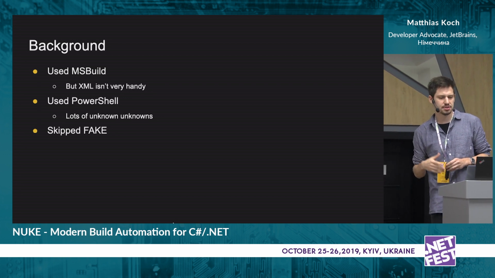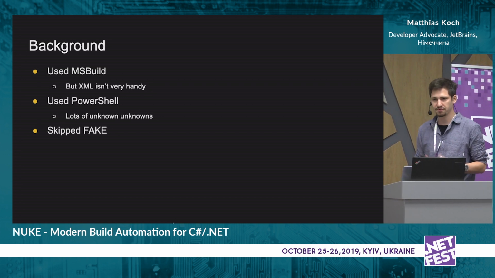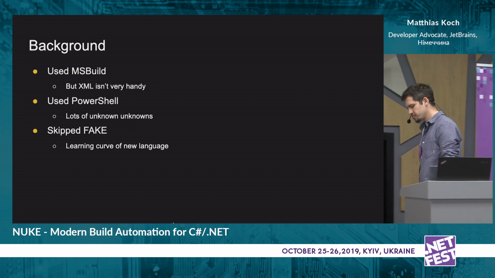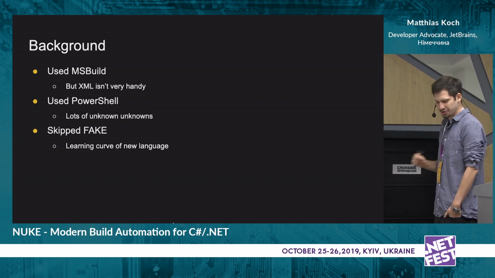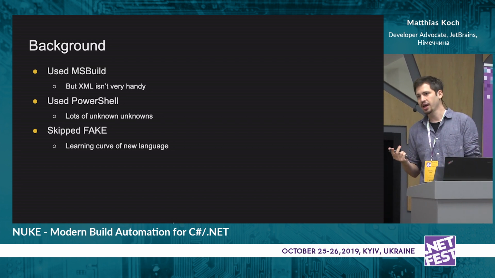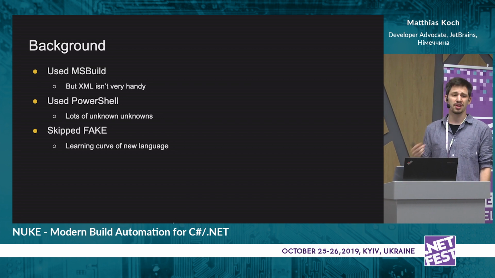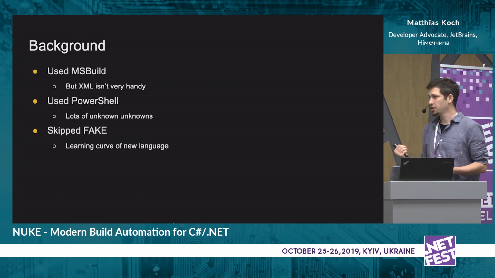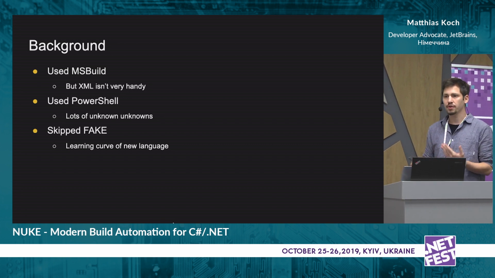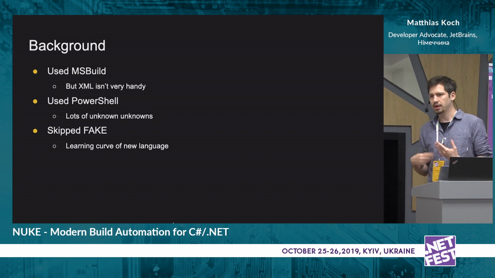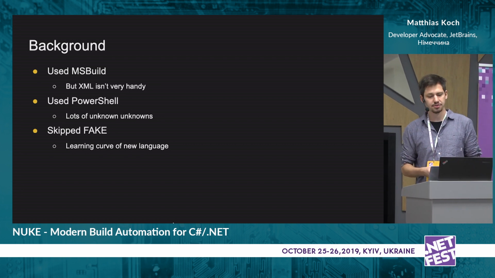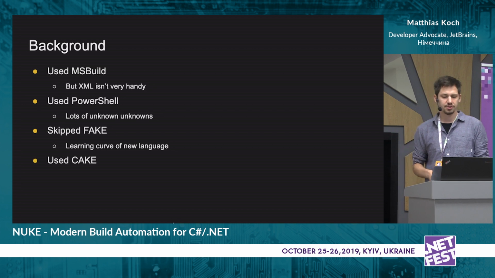So F# is the host language for implementing Fake scripts. Why I skipped Fake? Well, mostly because I'm completely not fluent in F#. It would be something new for me, and also if you want to introduce that in your team, you're basically introducing a new requirement for every new developer that you may hire. They would need to know F# inside out, and well, that's not a good idea.